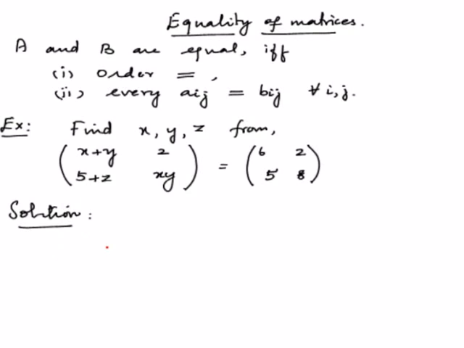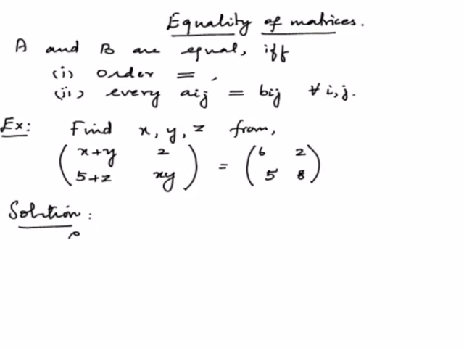Before we proceed, are the orders equal? Yes. The matrix on the left hand side is of order 2 by 2 and the matrix on the right hand side is also of order 2 by 2. So, we are ready to go.